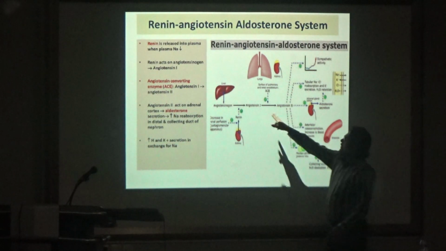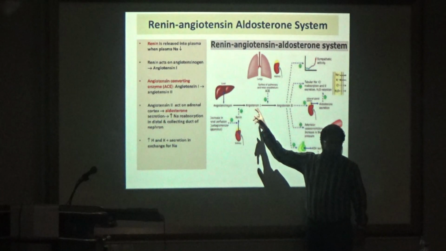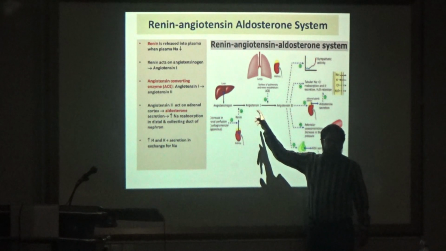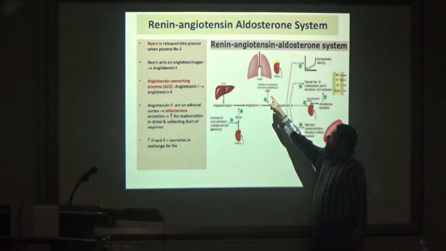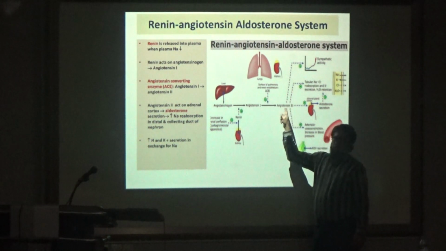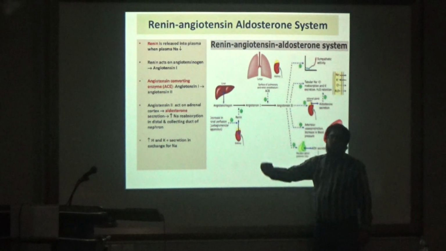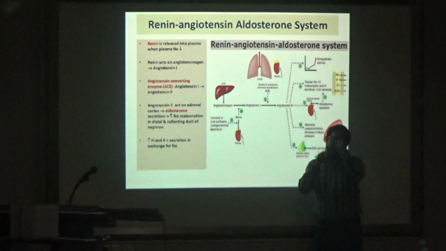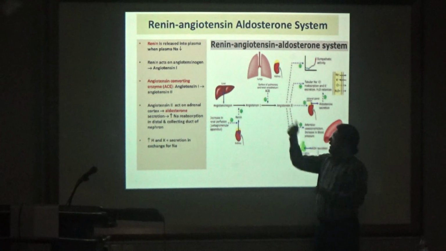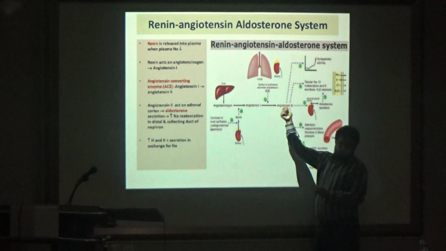Where is this angiotensin 1 molecule? In the blood. Right? So once it is a molecule in the blood, it needs this enzyme to get converted to angiotensin 2. All angiotensin 1 molecules in my blood move through the lung capillaries to get converted to angiotensin 2.